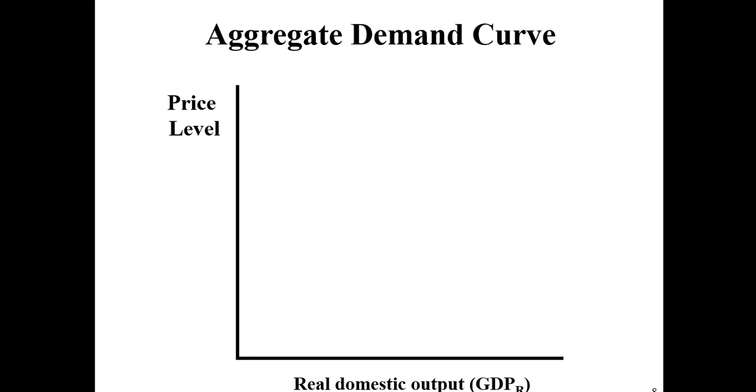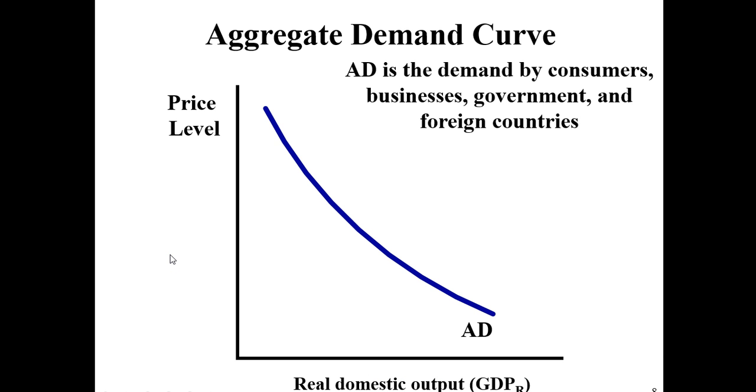To see this graphically, here's our aggregate demand curve showing that inverse relationship between the price level and real domestic output, or our GDP. We can see that our definition here is telling us that we have that inverse relationship. It's the demand by businesses, consumers, government, and foreign countries. And that inverse relationship should make sense, just like with the demand curve.